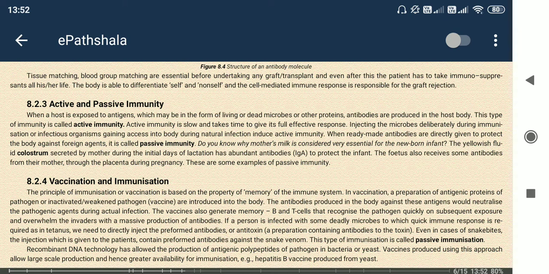But in the case of vaccination, what do we actually do? We give some form of antigen inside the human body that is less potent, but it can act as an antigen.